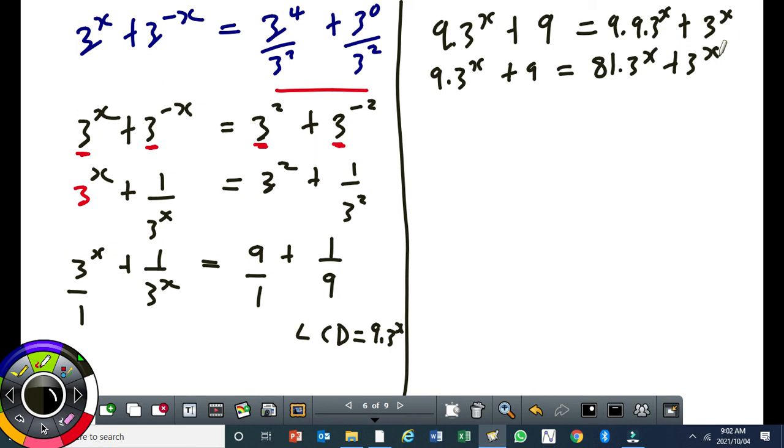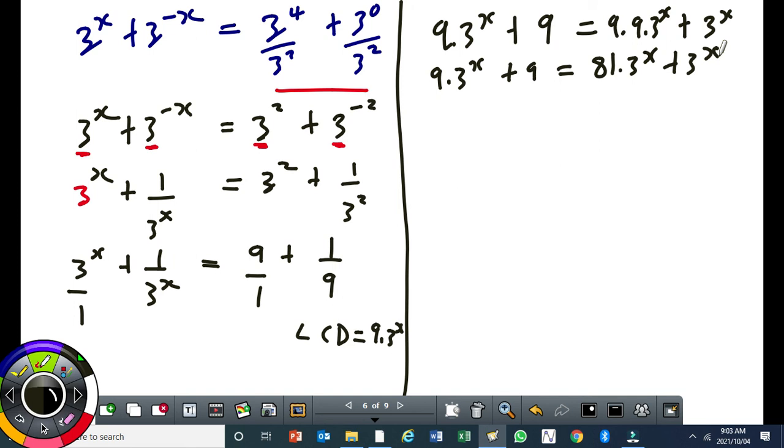Okay, listen, I found the LCD. Do you understand that part? I found the LCD. Then the next step is to multiply each term by the what? By the LCD. So if I multiply this by the LCD, since the denominator is 1, it means I'll end up getting, wait here, okay, I'm supposed to put a 9 there.